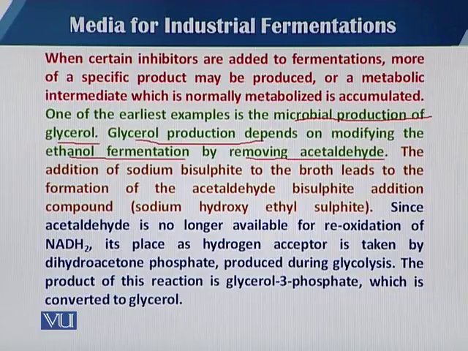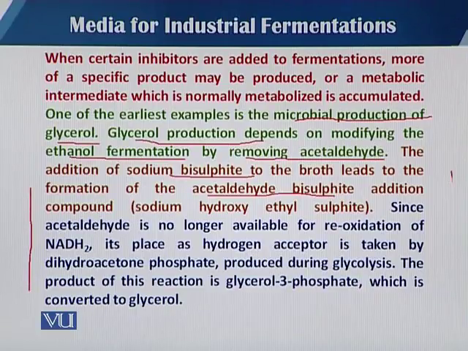The addition of sodium bisulfite to the broth leads to the formation of acetaldehyde bisulfite. The addition compound is sodium hydroxyethyl sulfonate. Since the acetaldehyde is no longer available for reoxidation of NADH2 as a hydrogen acceptor, dihydroxyacetone phosphate produced during glycolysis takes its place.